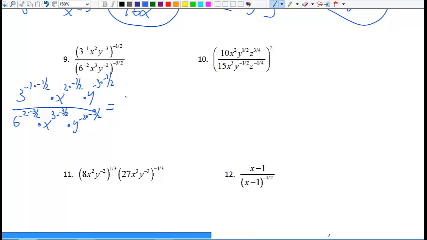So for the 3, we get negative 1 times negative 1/2, which is a positive 1/2. The x, we end up with x to the negative 1. And y, we get 3/2. In the denominator, we get 6 cubed, 3 is positive there, x to the negative 9/2, and y to the positive third power.